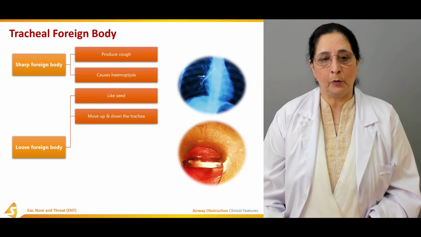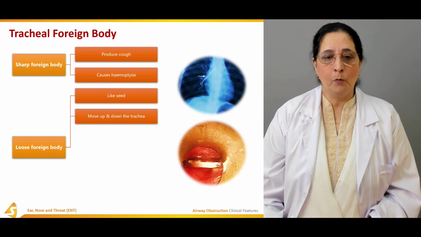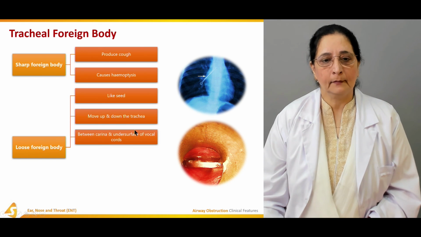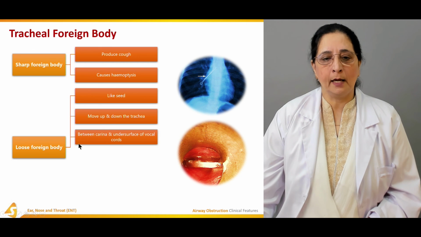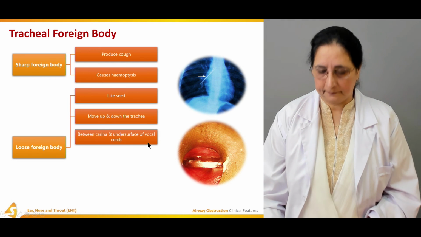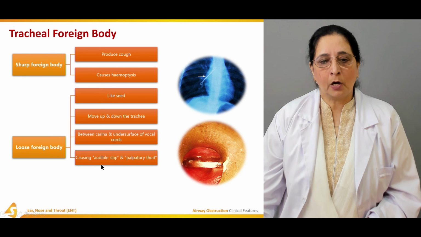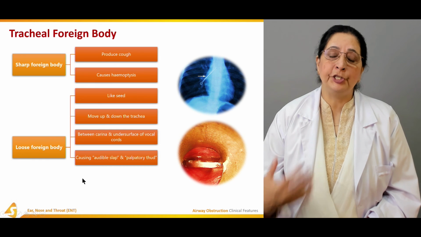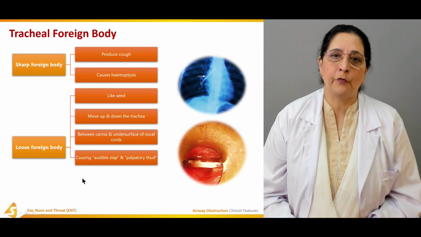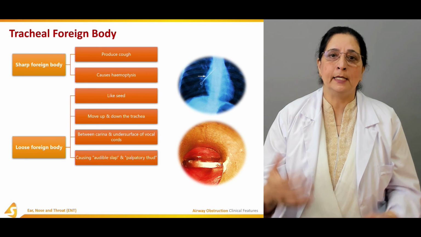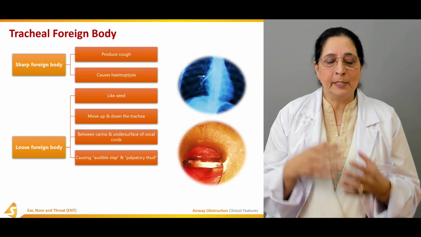So a loose foreign body like a seed moves up and down the trachea between the carina and the undersurface of the vocal cords. It causes an audible slap and palpatory thud. So these are the features produced by a loose foreign body like a seed. It can move up and down, and this causes the audible slap.